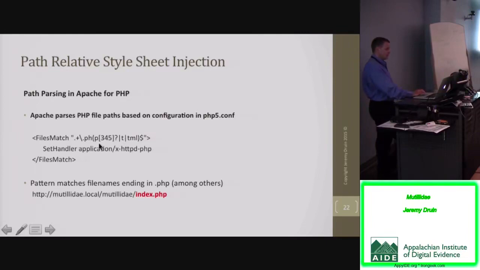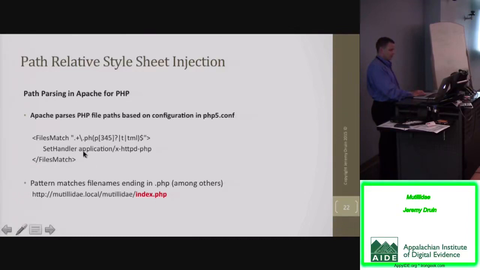So we see the FilesMatch directive here for PHP files, and they can have lots of different extensions like php3, 4, and 5, or phtml and things like that, but typically we're all used to seeing them as .php, and that's certainly the standard.